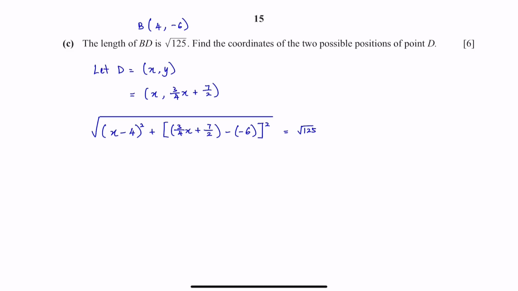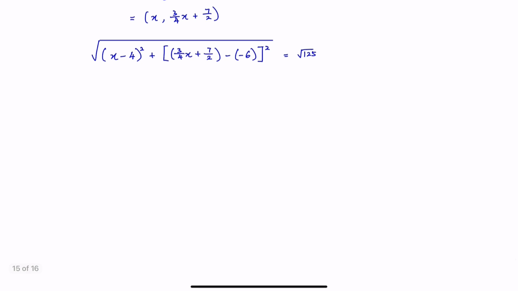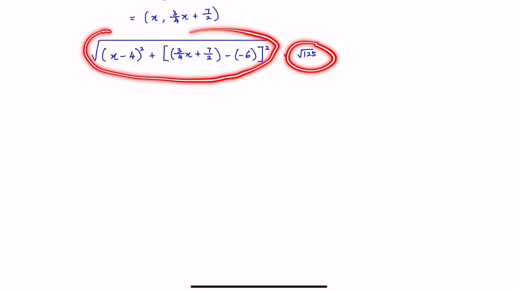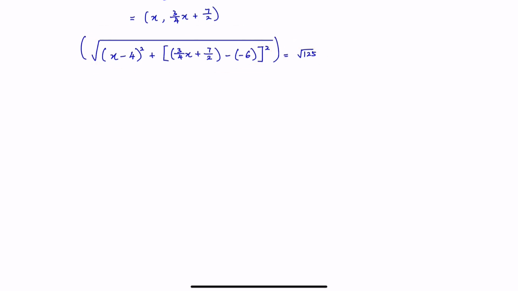So now we can expand all these brackets. Since both of these are square roots, we can actually just square both sides, and we can just ignore the square root. Okay, so we have (x minus 4) squared plus (3 over 4 x plus 19 over 2) squared equals 125.